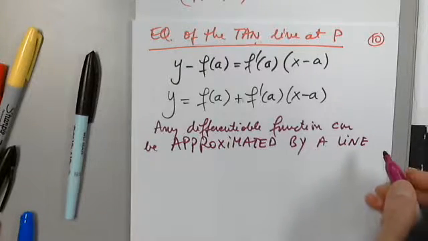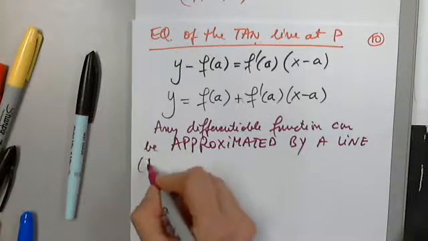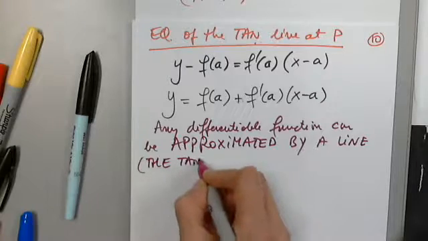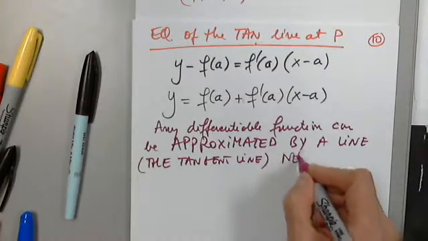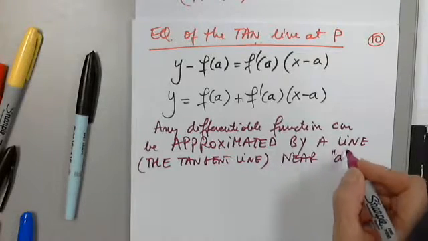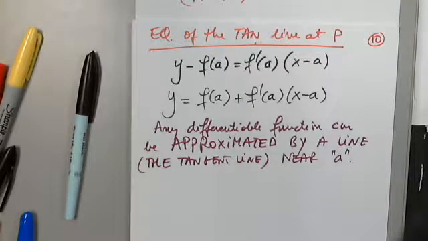Not any line, by the tangent line near A. So any differentiable function can be approximated by a line. We call that the linearization of a function.